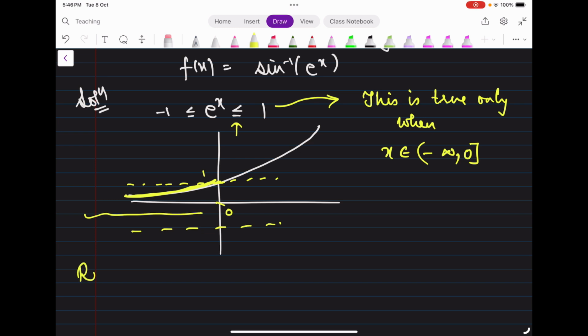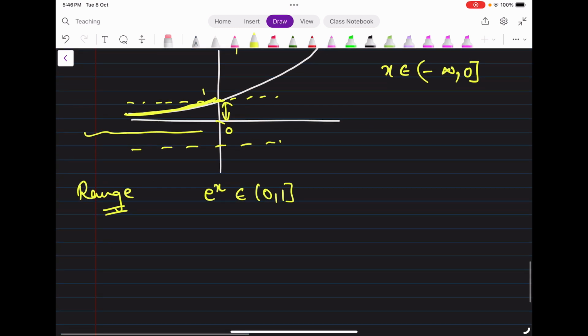Now let's talk about the range of the function. Corresponding to this domain, that is when x is between -infinity to 0, in that situation we can see the range of the exponential is between 0 to 1. So when e power x lies between 0 to 1, what about sine inverse?